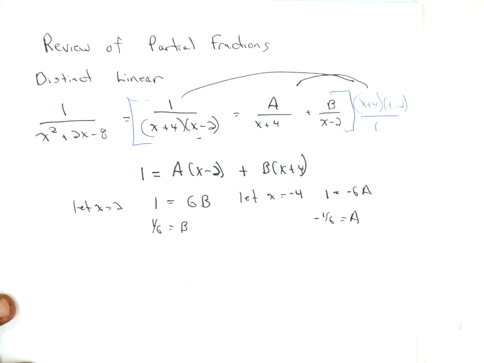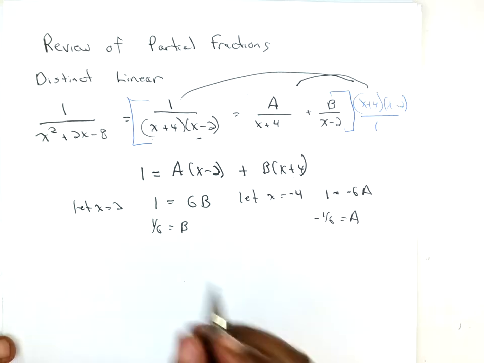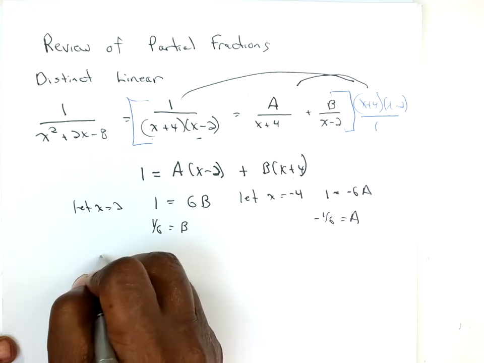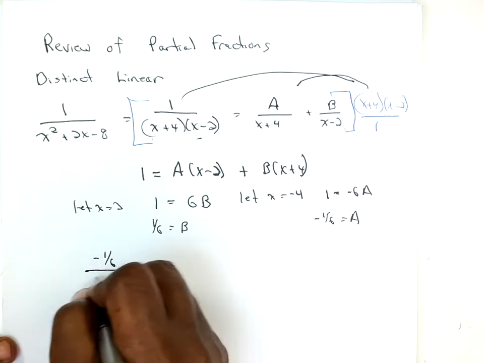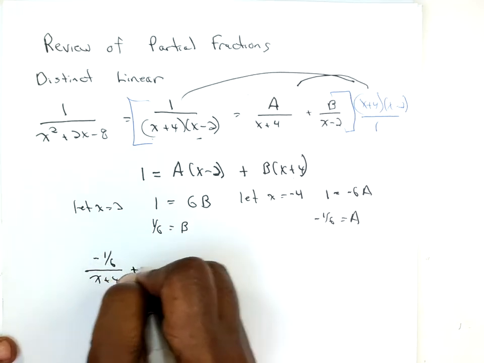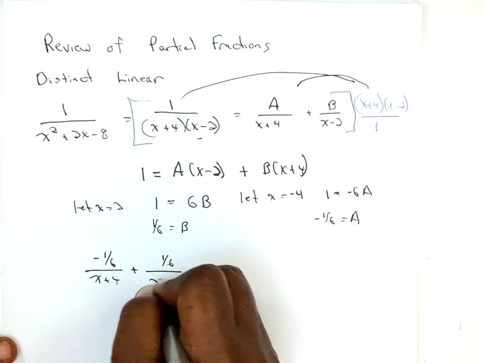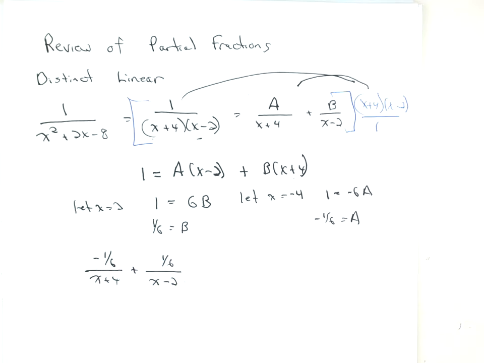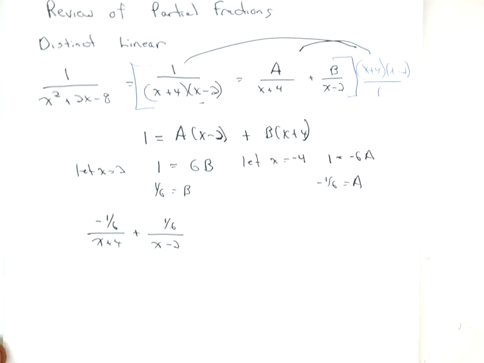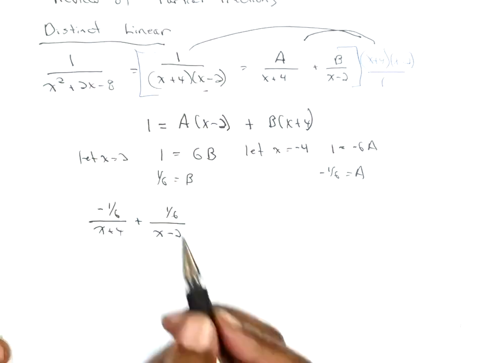So negative 1/6 is equal to a. So our partial fraction decomposition is negative 1/6 over x plus 4 plus 1/6 over x minus 2. So distinct linear factors is the first case.